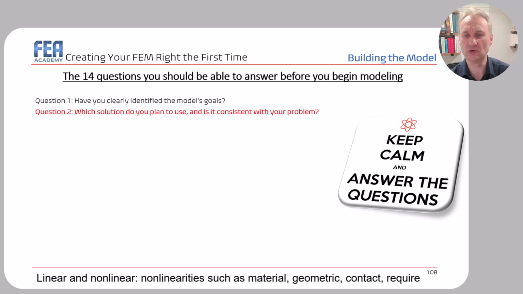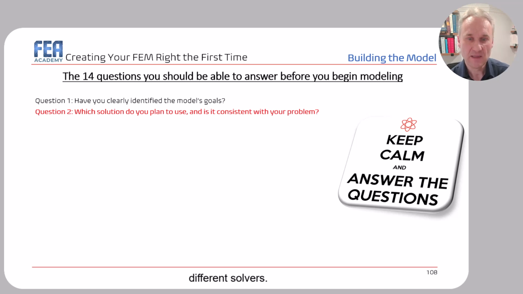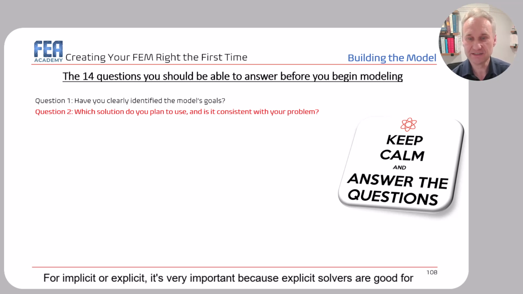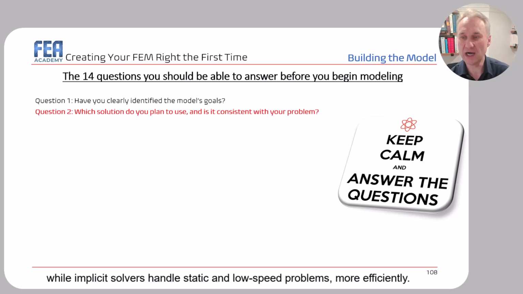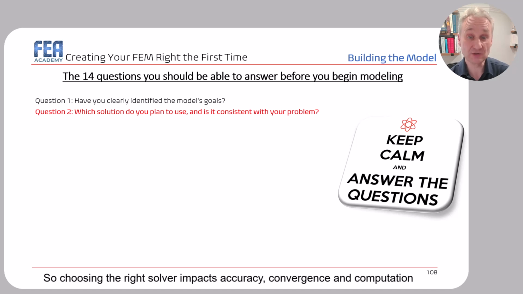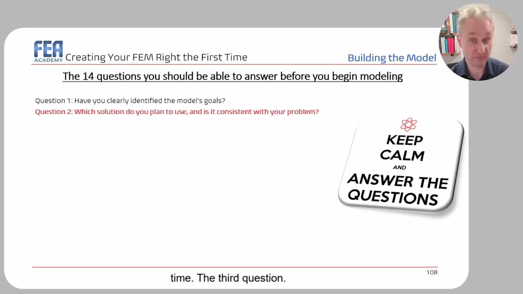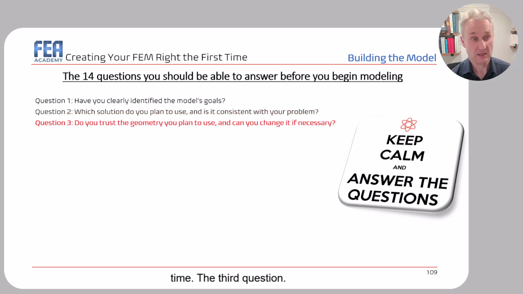Non-linearities such as material, geometry, contact require different solvers. For implicit or explicit, it's very important because explicit solvers are good for impact and crash simulations, while implicit solvers handle static and low speed problems more efficiently. So choosing the right solver impacts accuracy, convergence, and computation time.